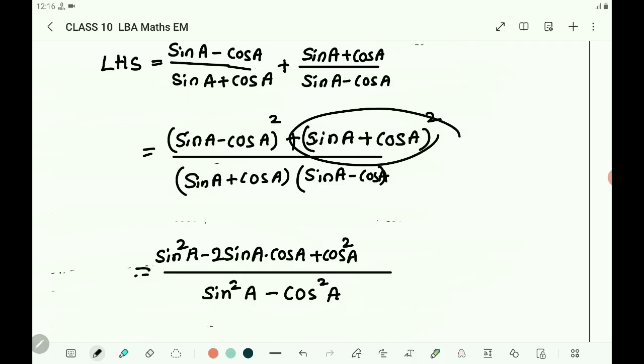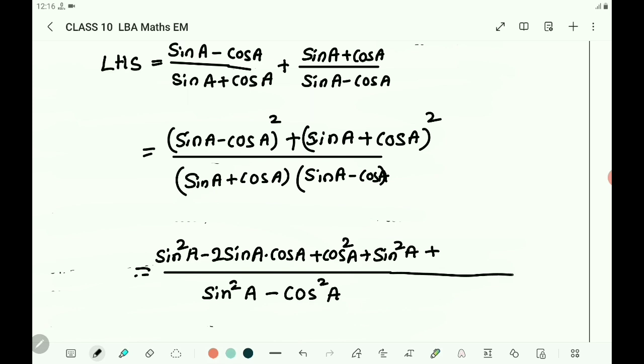And the expansion of sin A plus cos A whole square is, by using the identity A plus B the whole square equals A square plus 2AB plus B square, A square is sin square A, 2AB is 2 into sin A into cos A, plus B square. B square is cos square A.